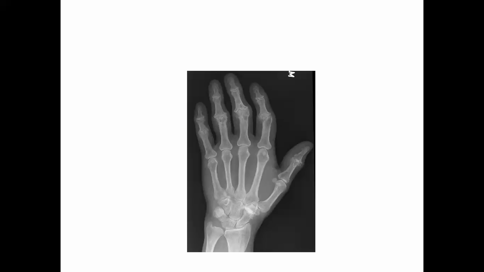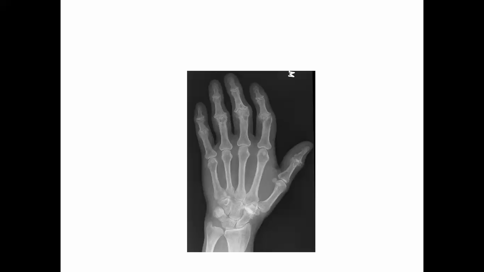This is an example for degenerative arthritis, but as the appearance is usually diffuse, involving most of the distal interphalangeal joints, but even the proximal are also involved, so it is something diffuse.